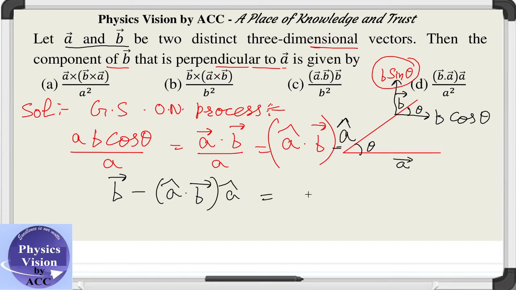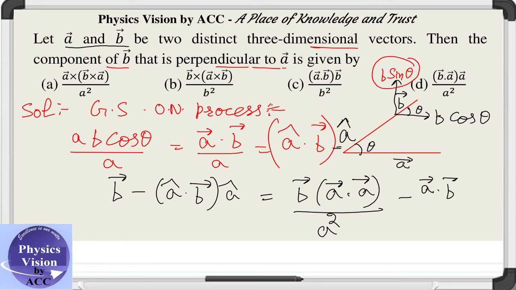Further, if we take A dot A here, that is A square, and divide it by A square, and if we make this unit vector a full vector, then we get A dot B times A vector. Since we have multiplied it with A square, we'll divide it by A square again.